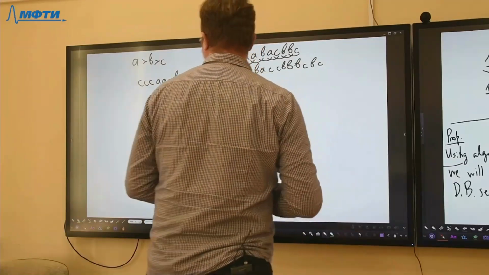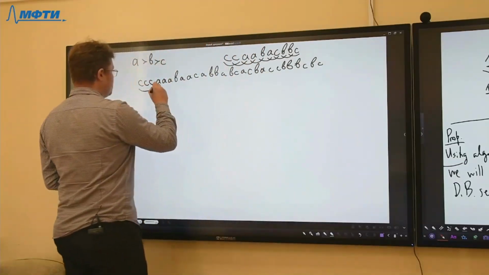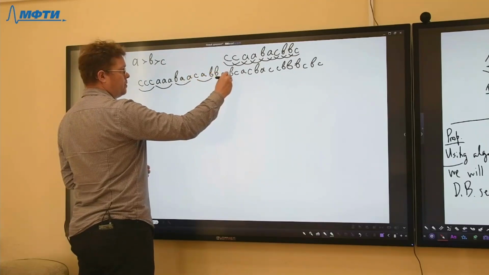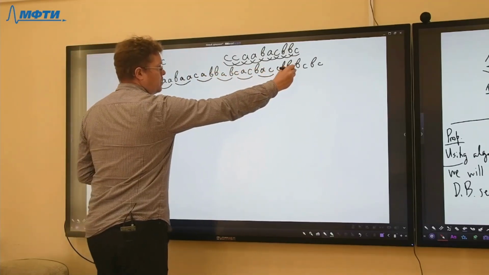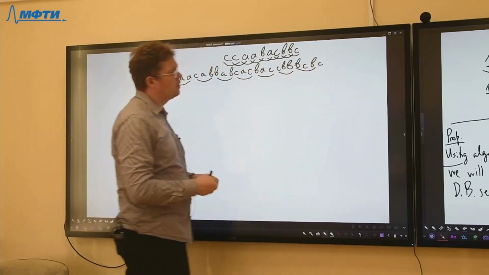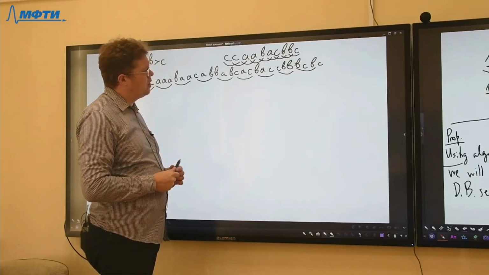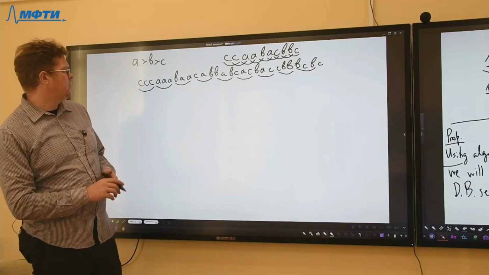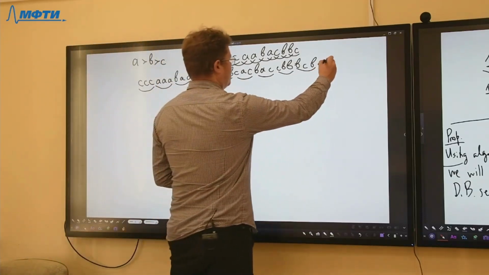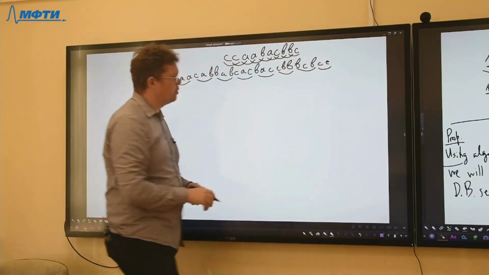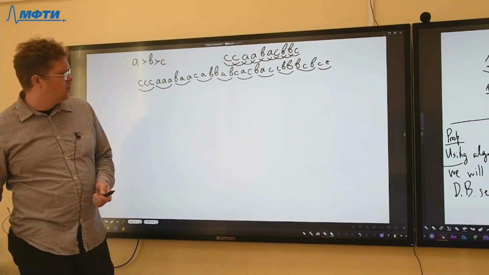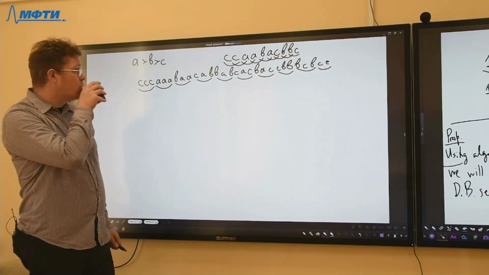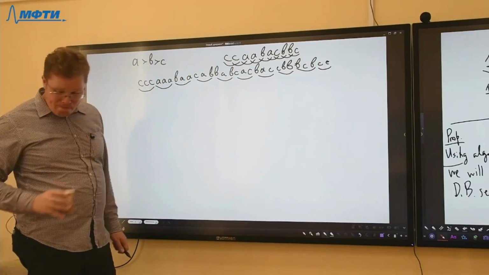So that's all. Okay, so what is the length of this sequence? 3, 6, 9, 12, 15, 18, 28. And I need 29. Oh, so I need to write BCC, yes. Okay, so it will be exactly 29, which is the length of this de Bruijn sequence.